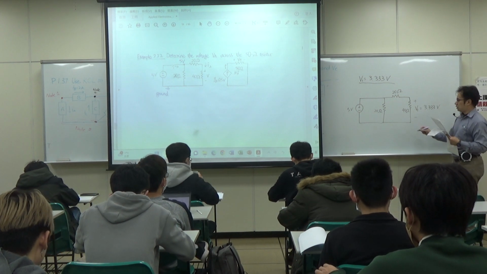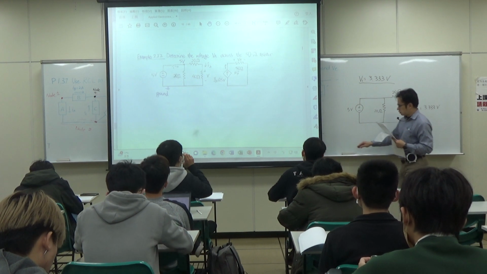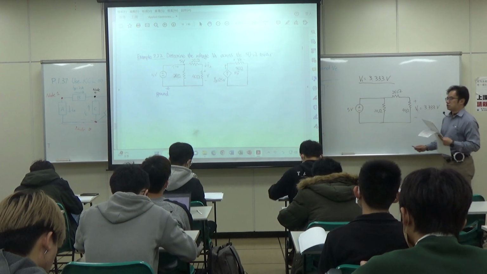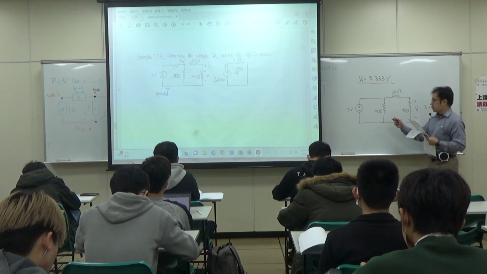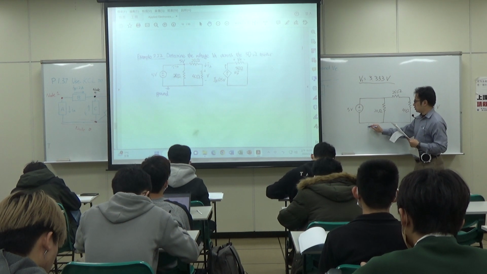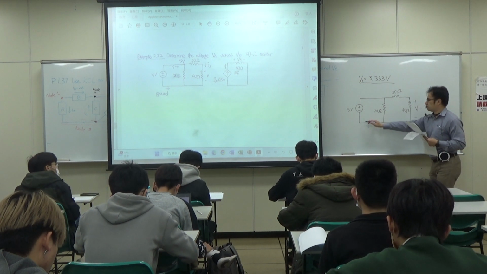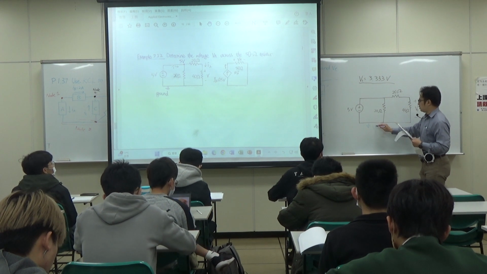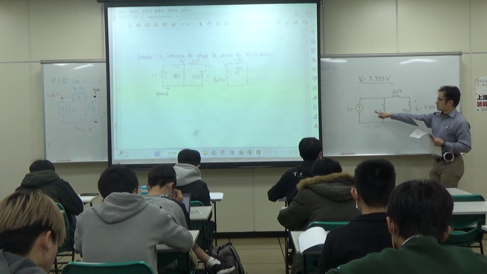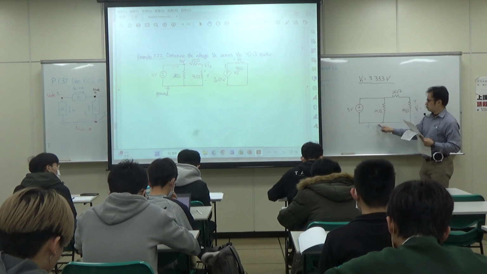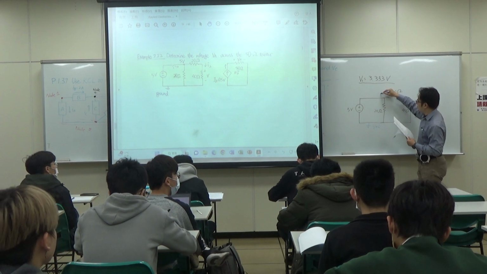Okay, and again, when we make the analysis, we always assign a reference node. At this reference node, the voltage is 0, and we usually assign the bottom node as our reference node. So here, for all these 3 points, the voltage is 0. And then, since there's a 5 volt voltage source connected to the reference, we know here is 5 volt.